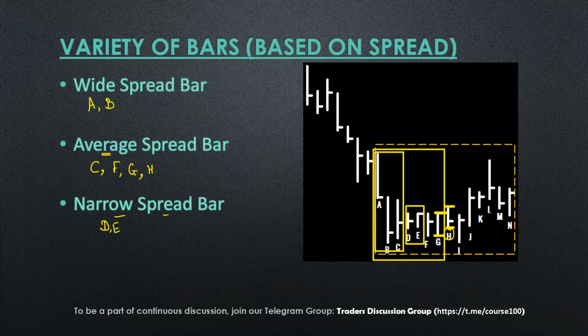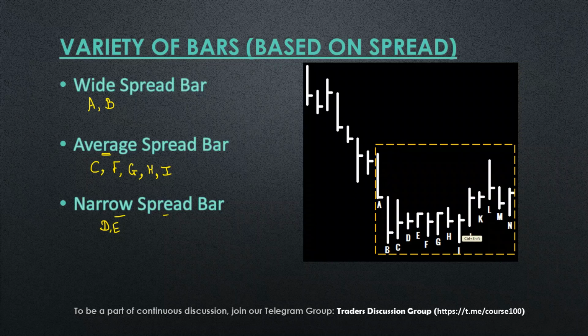So if my G is an average, my H can be considered as an average bar. Okay, then I bar's spread is almost equal to this. So we will take my I bar as average spread bar. Whereas now if we check for the bar J, we will check the context behind it like this.